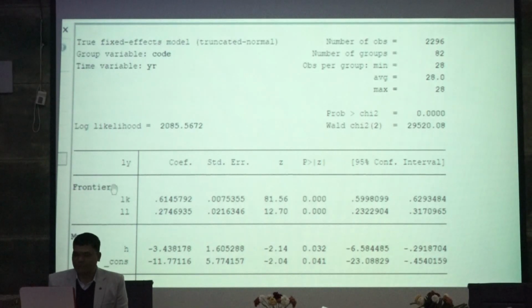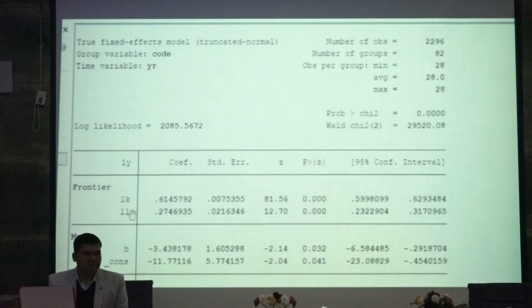Now you can check this one. These are the frontier model, the stochastic frontier model. Okay, you can check the impact of each and every variable on the dependent variable. Your dependent variable is LY, and your independent variables are these.